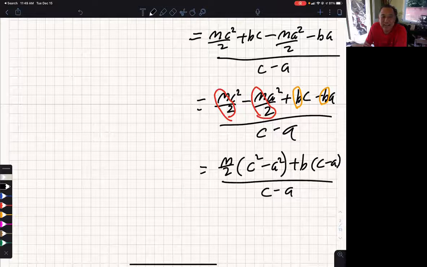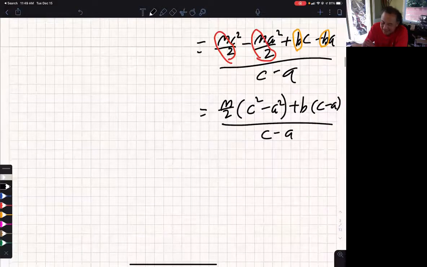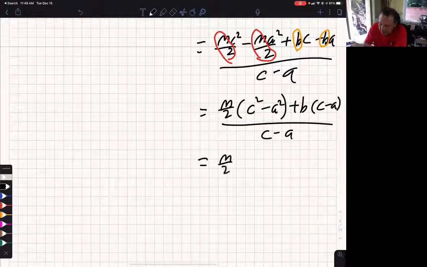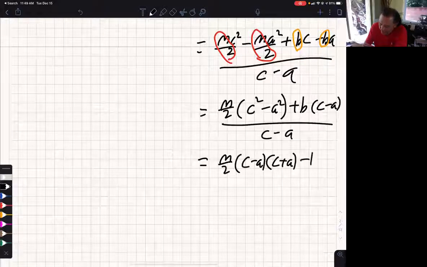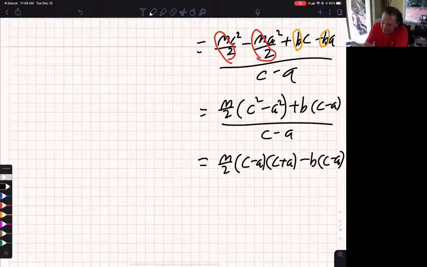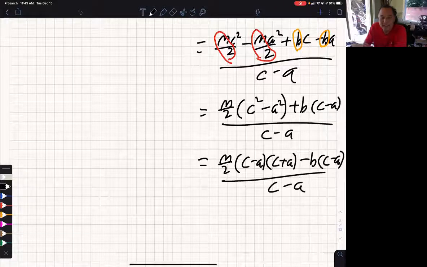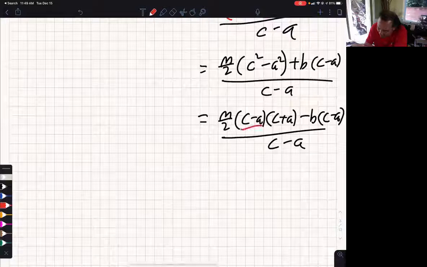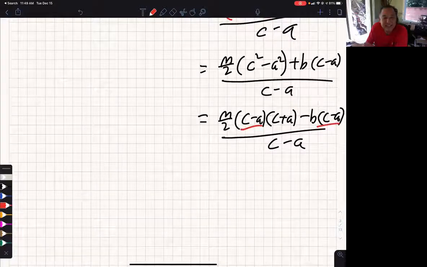Let's keep going. This is the difference of two squares, and that's going to factor to C minus A, C plus A. Let's keep going. Watch what happens next. They both have a C minus A. I'm going to take that out because it's a common factor.